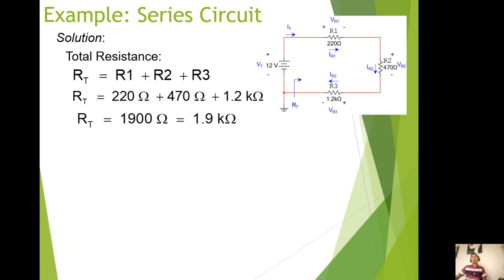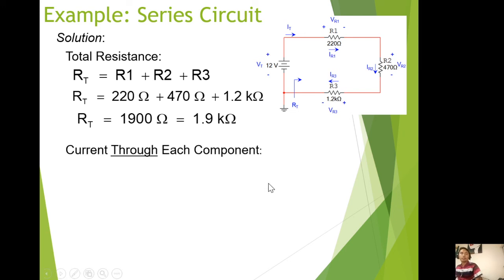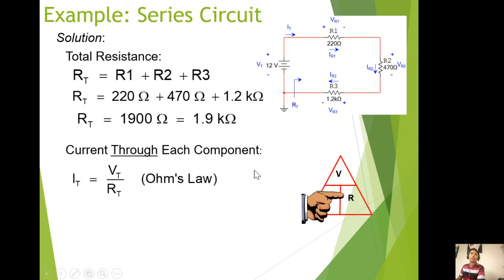Like in this example, the current through each component is V over RT, and here they used 1.89. So IT is equal to VT over RT, which is V over R.